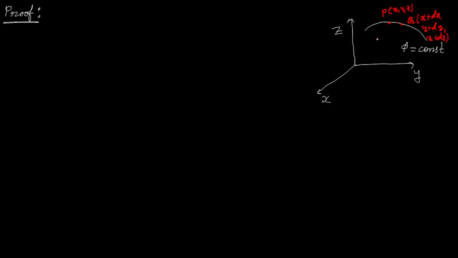So far we have considered a level surface of phi, and on this level surface we have considered two points P and Q. P has coordinates x, y, z, and Q has coordinates x plus dx, y plus dy, and z plus dz. Let me write this here.